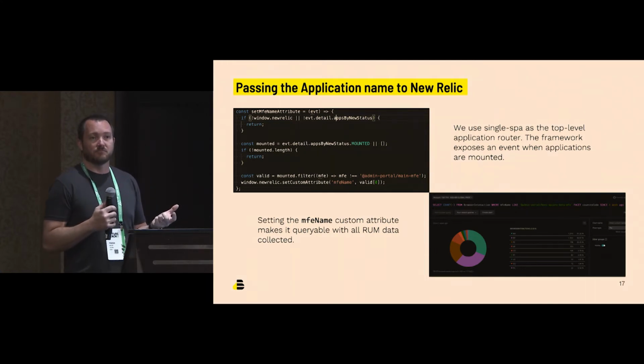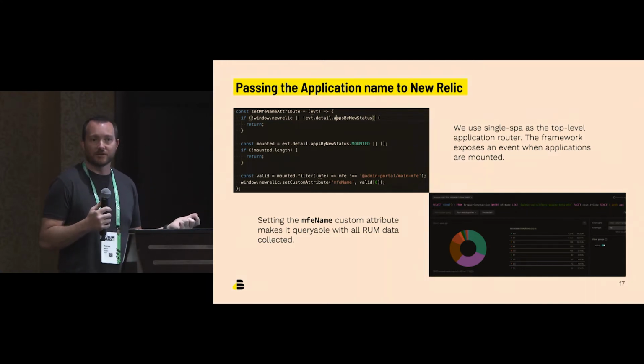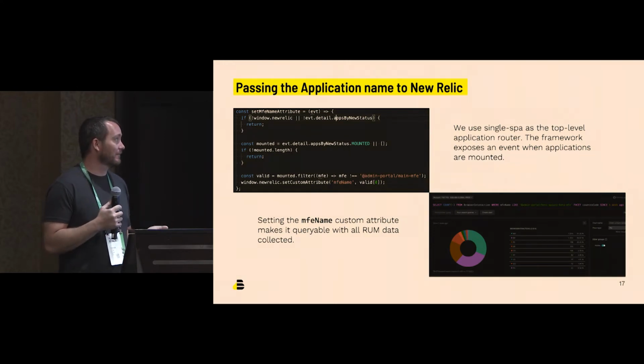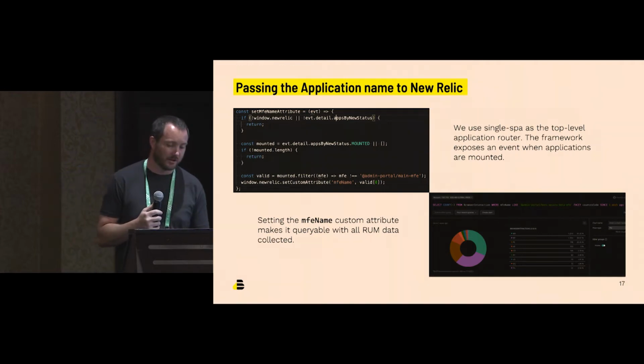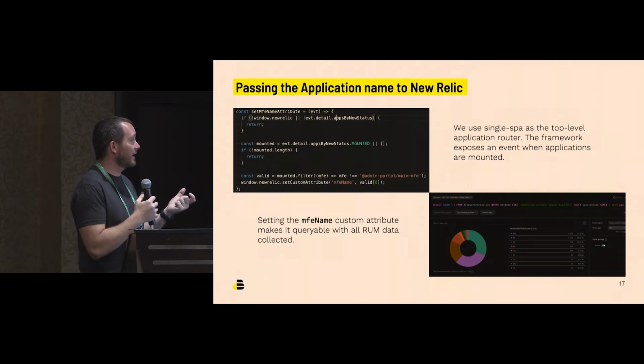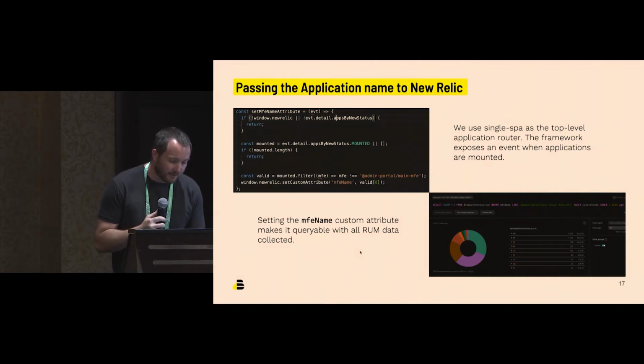So when a new application is mounted, let's add a custom attribute called microfrontend name, or MFE name, and we'll pass in that application name. What that did is it allows us to use that MFE name attribute in our queries, which we've got an example of below, though it's not as big as I would have liked on the screen.